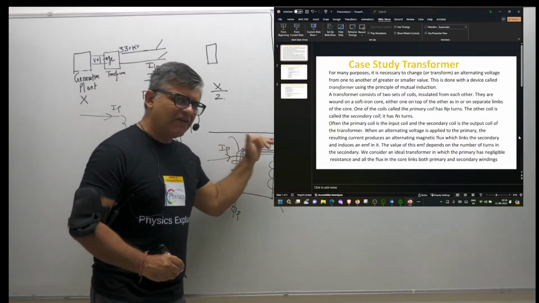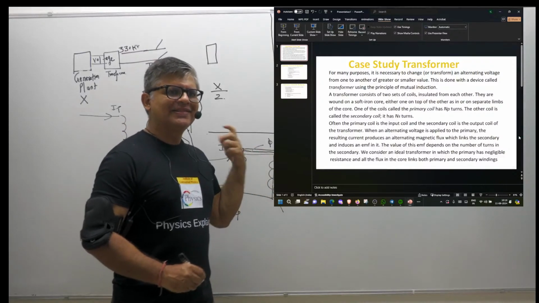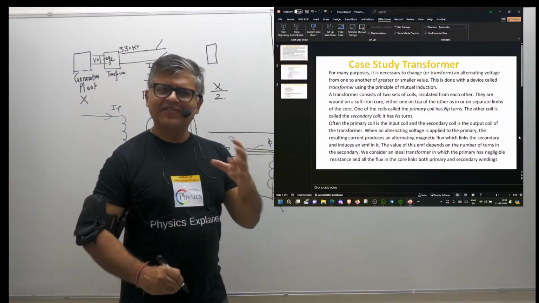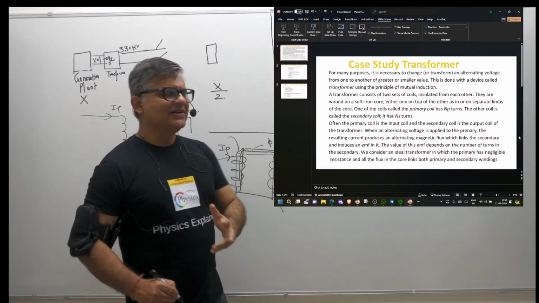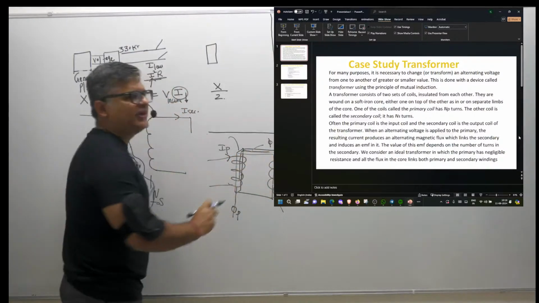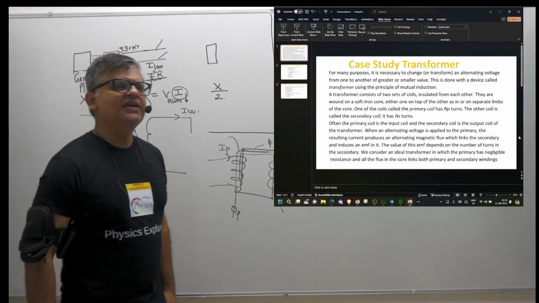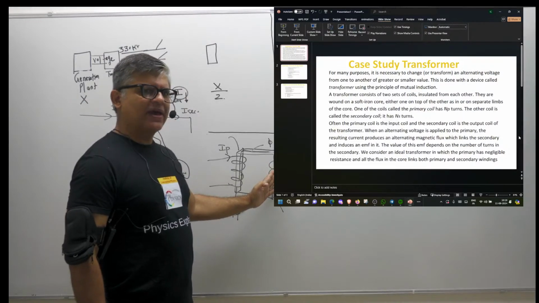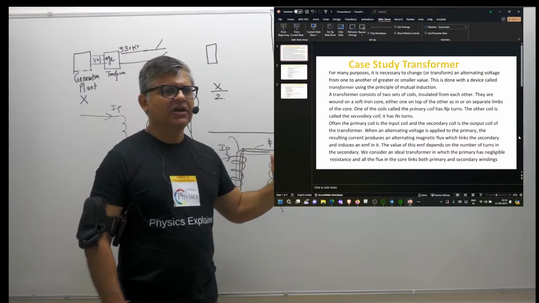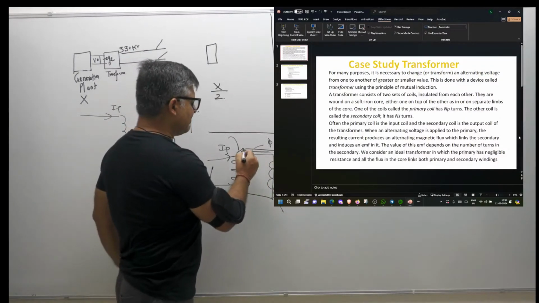And for traveling of the flux, we use the soft iron so that there is no leakage. If there is no soft iron, the flux which starts from here may not be fully able to reach the secondary coil. A lot of flux may get lost and go here and there.